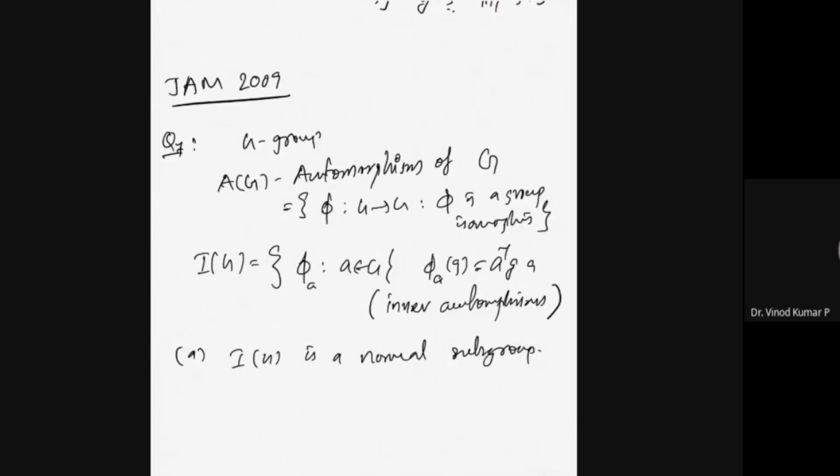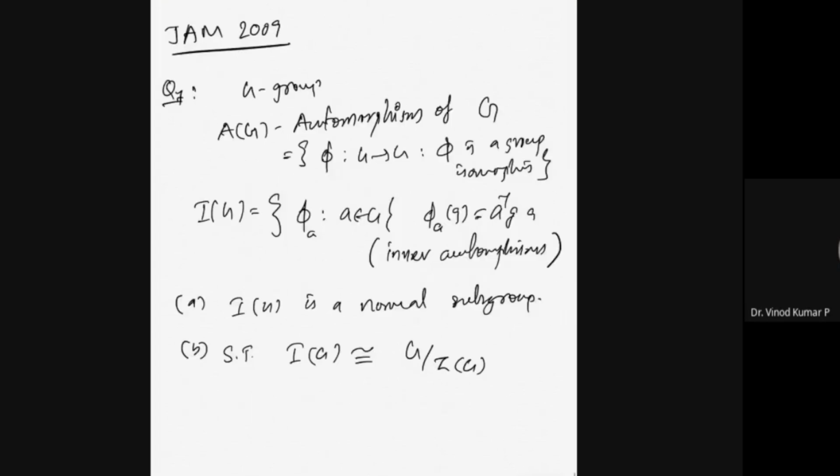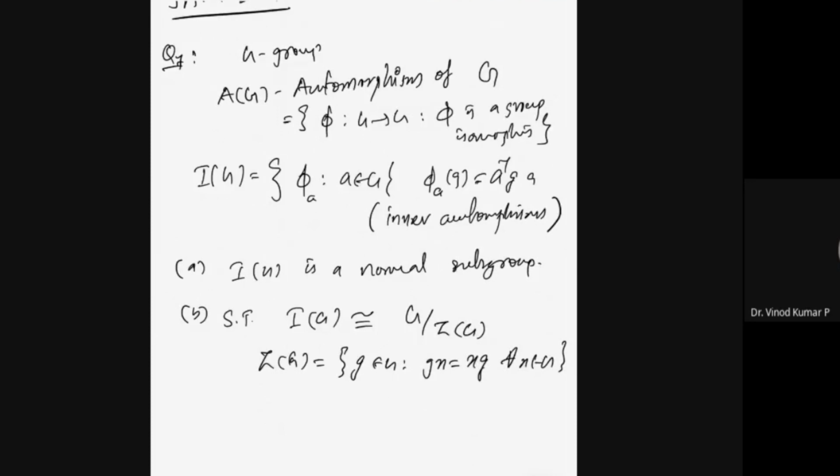Second question: show that I of G is isomorphic to G by center of G. Center of G is all those elements g belonging to G such that gx equals xg for all x belonging to G, the set of all elements that commute with all other elements of the group. And the third question is to find the automorphisms of, let's say, the group Q.